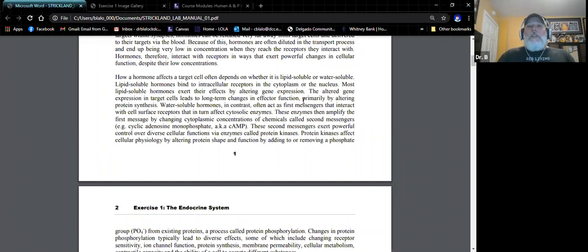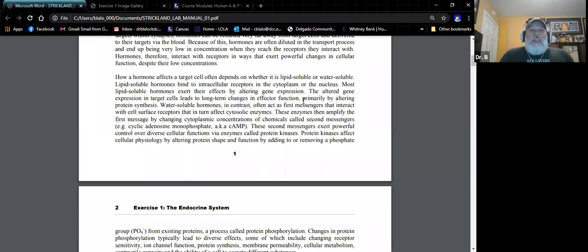But our lipid soluble hormones can get into the cell, meaning that they can bind to receptors in the cytoplasm, or even they can bind to receptors inside of the nucleus, which means that lipid soluble hormones can lead to genetic changes or have effects on genes. All right. So there's differences between the two types of hormones that are present.